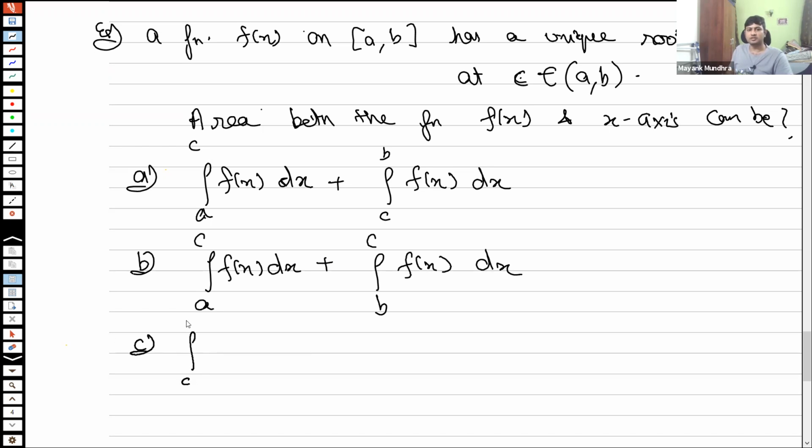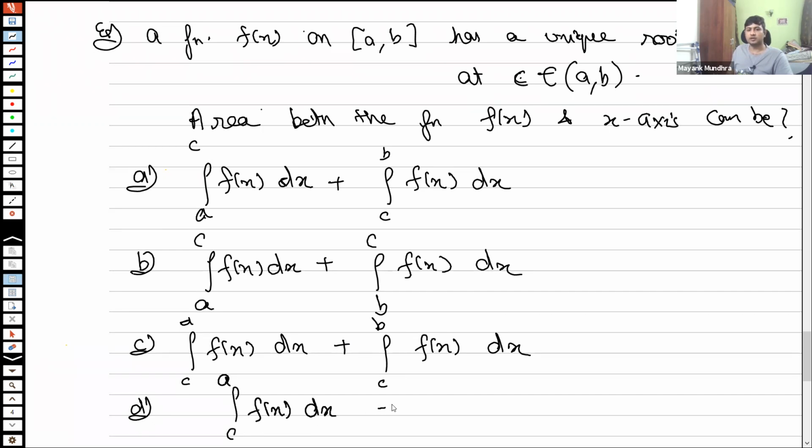Option C, integral C to A f of x dx plus integral C to B f of x dx. And option D is integral C to A f of x dx plus integral B to C f of x dx.